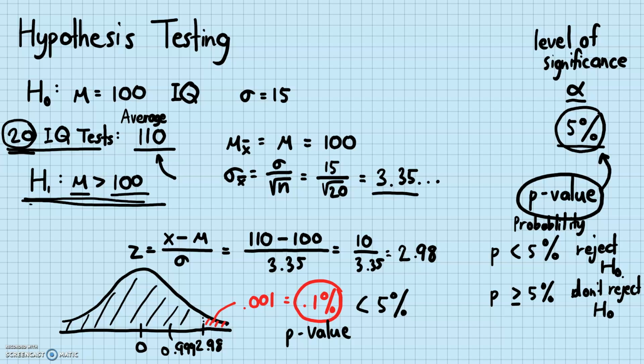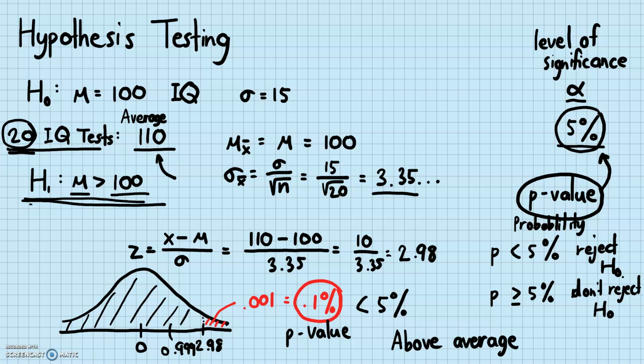So this would reject the null hypothesis that you are average IQ, and you accept the alternate hypothesis, which says your IQ is above average.